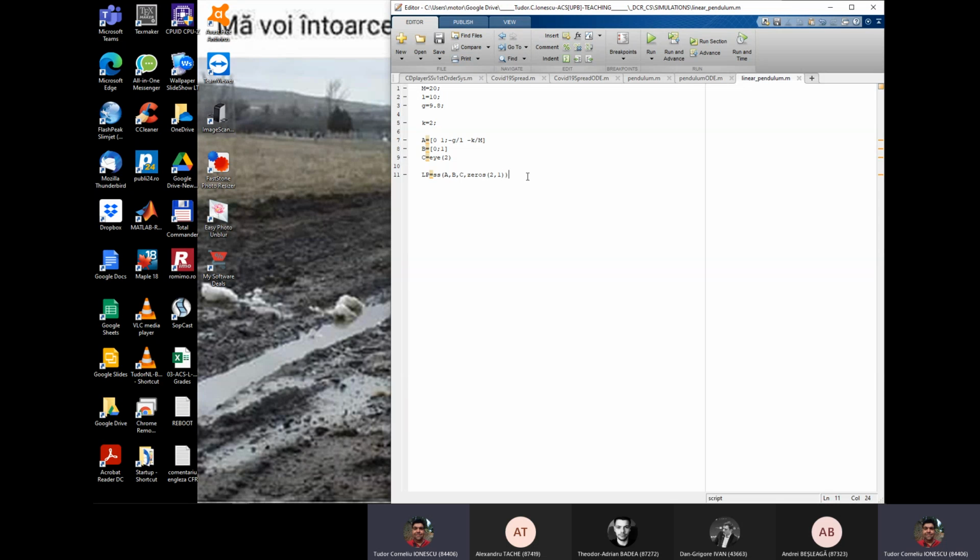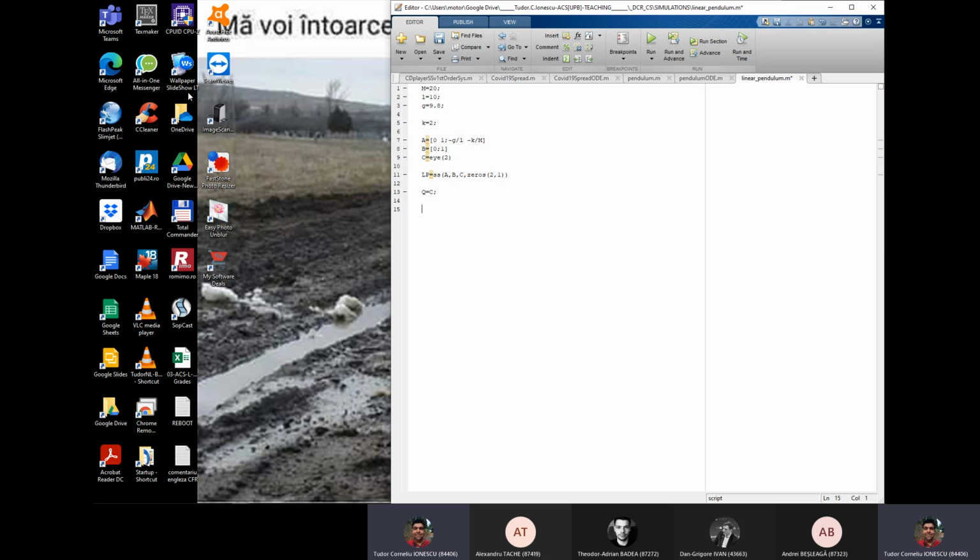Let's just take the matrix Q equal to the identity. So take Q equal to C, because C is already the identity matrix.